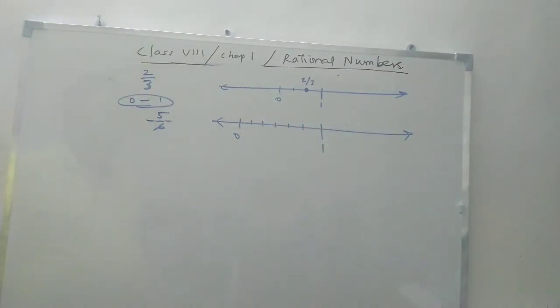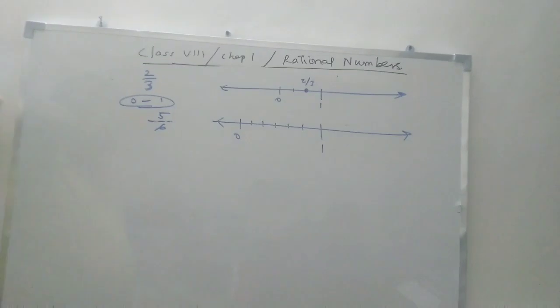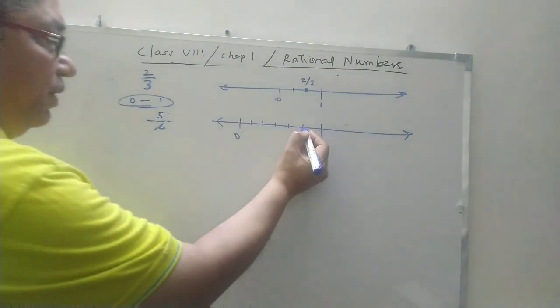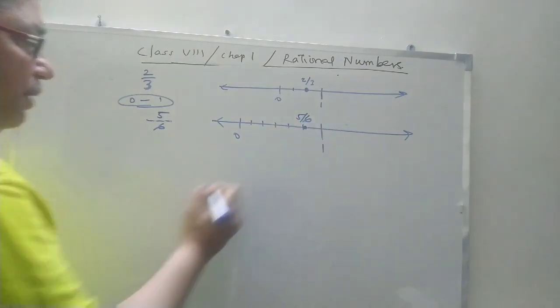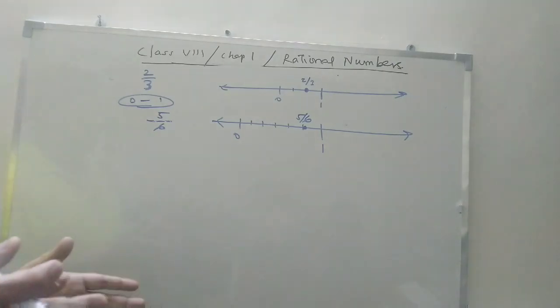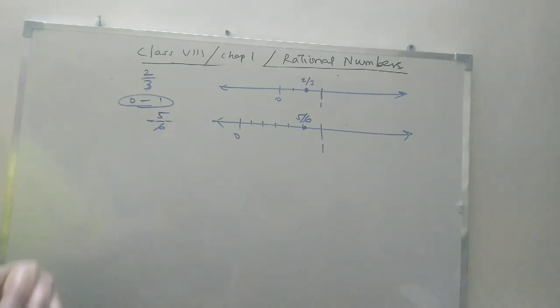So here is 1. Now out of these 6 parts, how many parts you are supposed to take? You are supposed to take 5 parts. 1, 2, 3, 4, 5. So this is your number 5 by 6. I think this is relatively much easier than doing it the other way around. So instead of dividing one unit into 3 parts or 6 parts or 5 parts, what I have done is I have taken 6 parts and converted them into 1 unit.